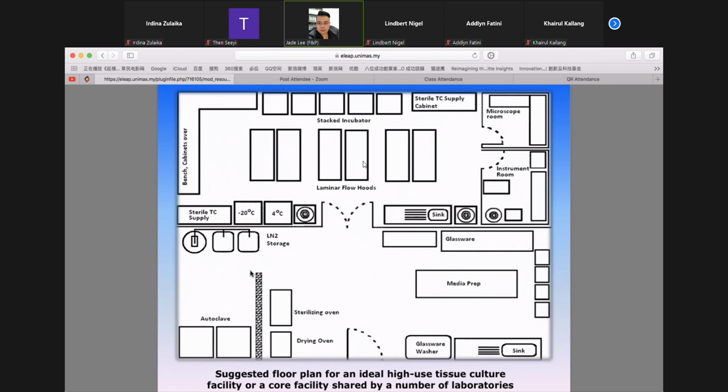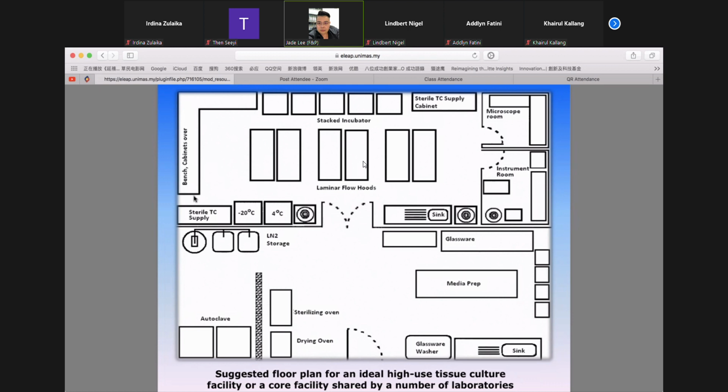And also bear in mind that you have a very thick wall that separates the machine from other facilities as well. You should also have at the end, LN2, a liquid nitrogen storage here for you to use, okay? Because in tissue culture, sometimes you need liquid nitrogen, okay? And you also have these -20 and the 4 degrees Celsius fridge and freezer for you to keep your chemicals and also your other items, for example, the enzyme.